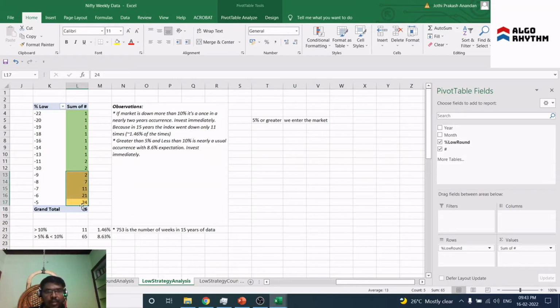Of the 76 occurrences of negative movement, it is 65 times over here. So a 5 to 10 percent movement can happen anytime, like once in every 10 weeks. So we should be ready to invest our money.